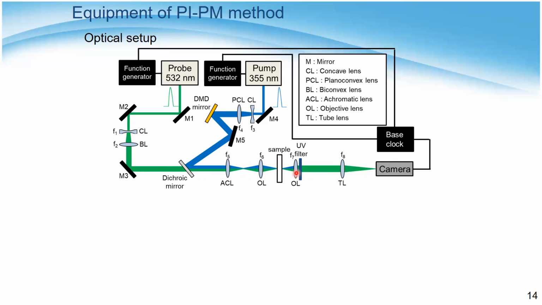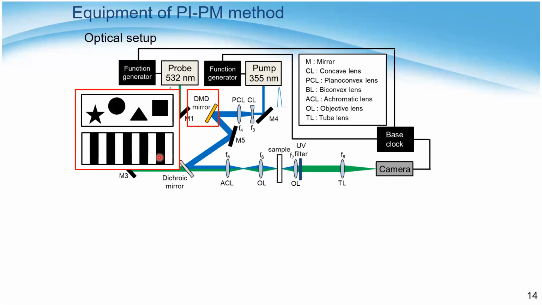By using the Talbot self-imaging, we defocus the sample image to an intensity image. With the DMD mirror, we can illuminate any type of pattern. I will explain the reason for this.